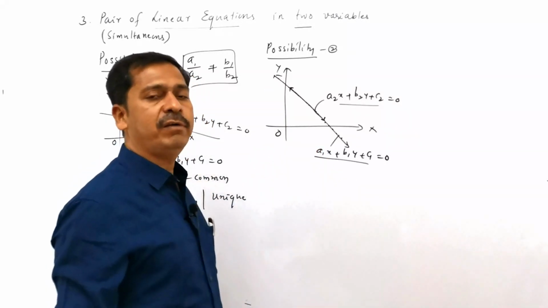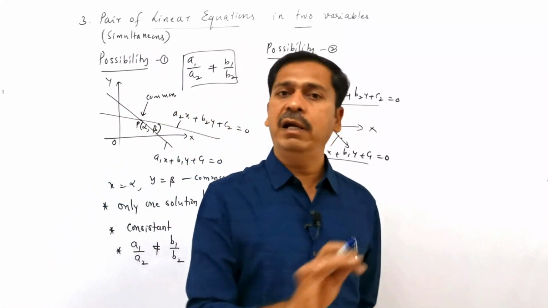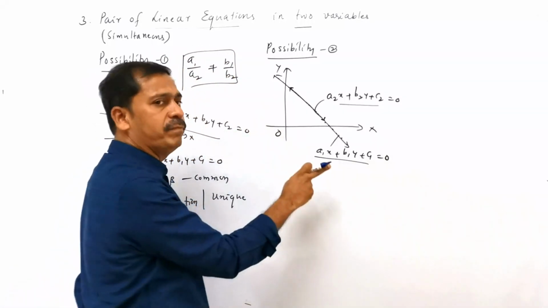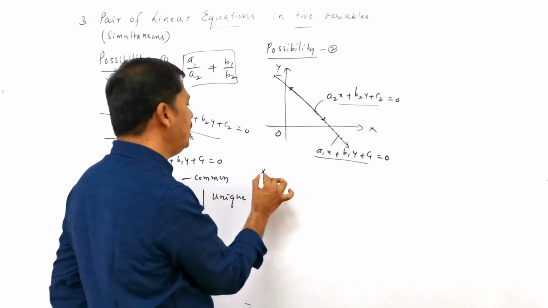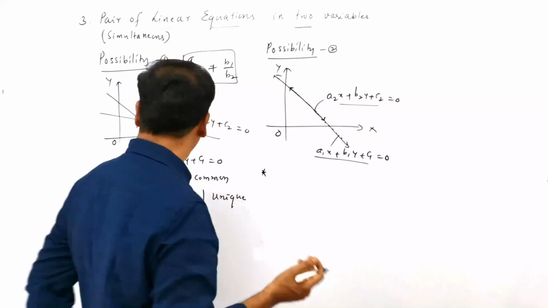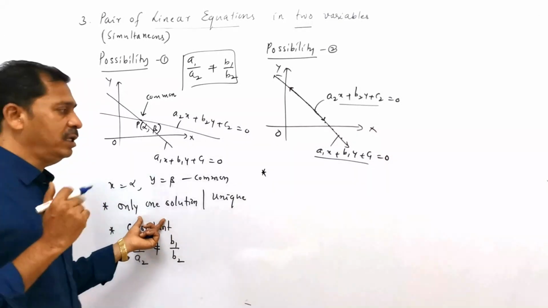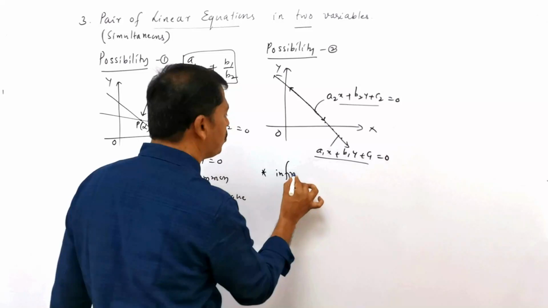We can identify infinite, countless, endless points on this line. So that's why we can say there is not only one solution as in the previous case. There are many solutions; there are infinitely many solutions.